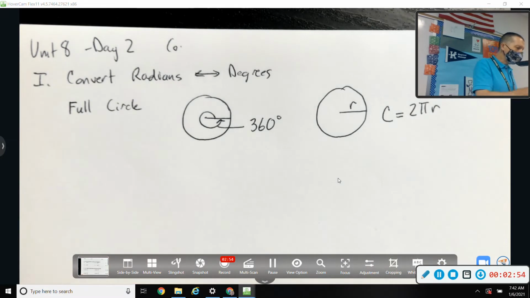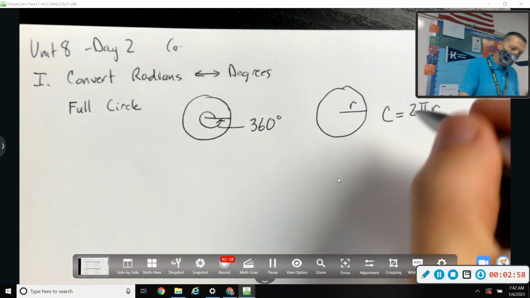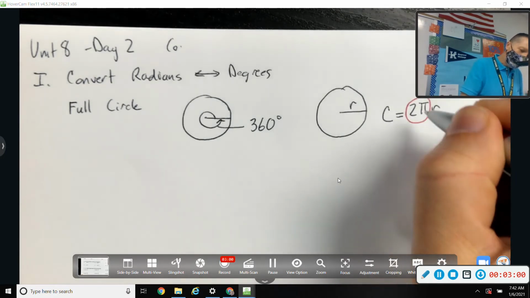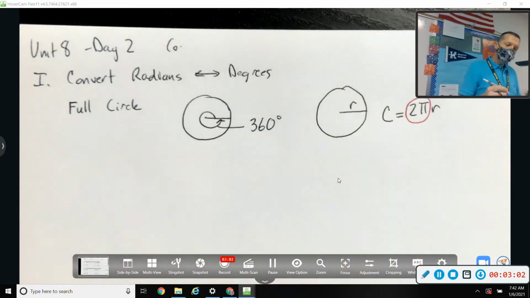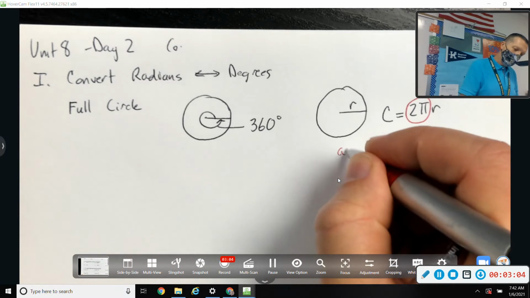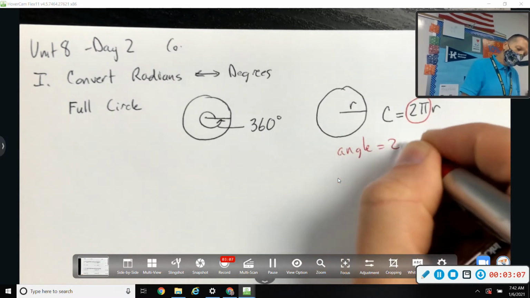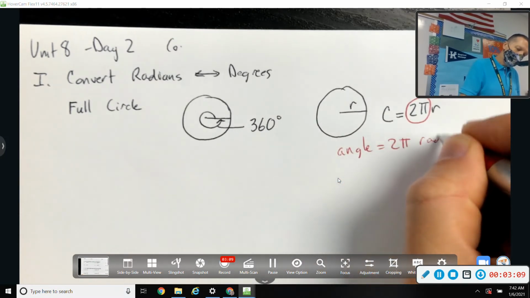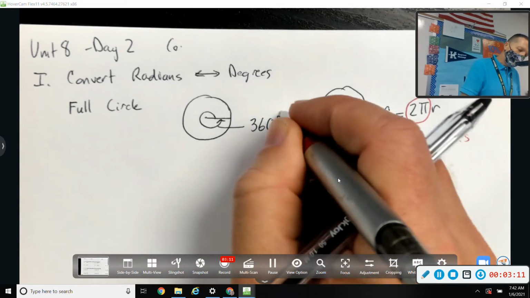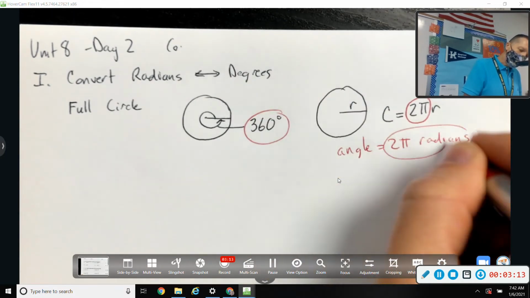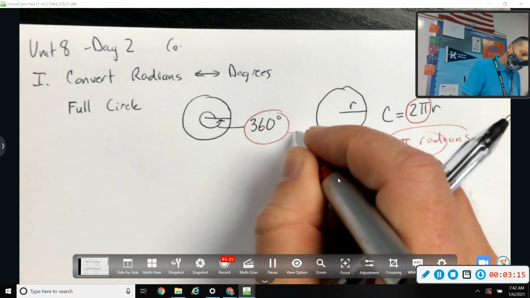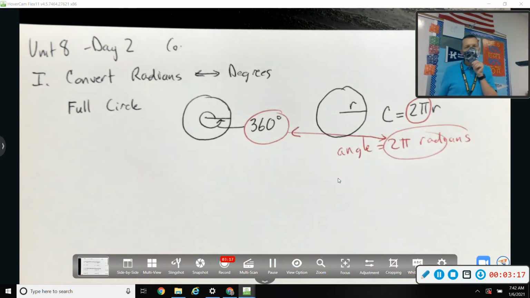Because the 2 pi part is the measure of the angle in radians. So 360 degrees is the same thing as 2 pi radians.